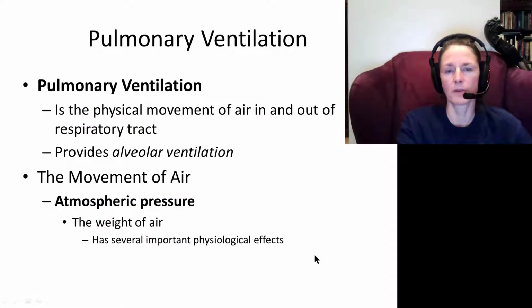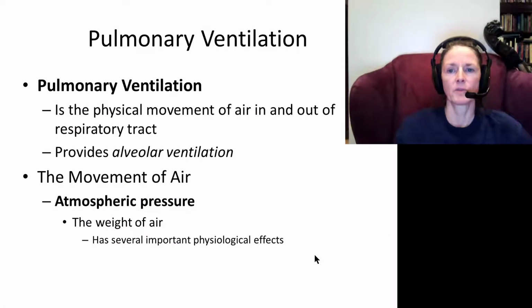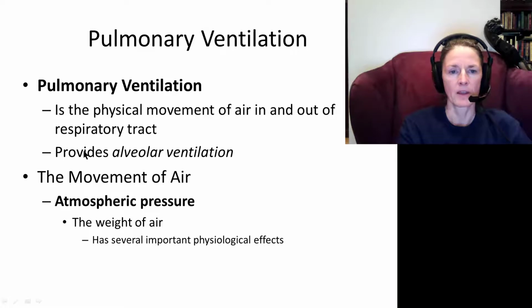All right, so pulmonary ventilation, as we've said, is the movement of air in and out of the respiratory tract. And that is going to bring the air into the lungs. And of course, in the lungs, we can now have alveolar ventilation, and that's basically going to be allowing air into the alveoli. And then here we can exchange the oxygen for carbon dioxide and so forth.